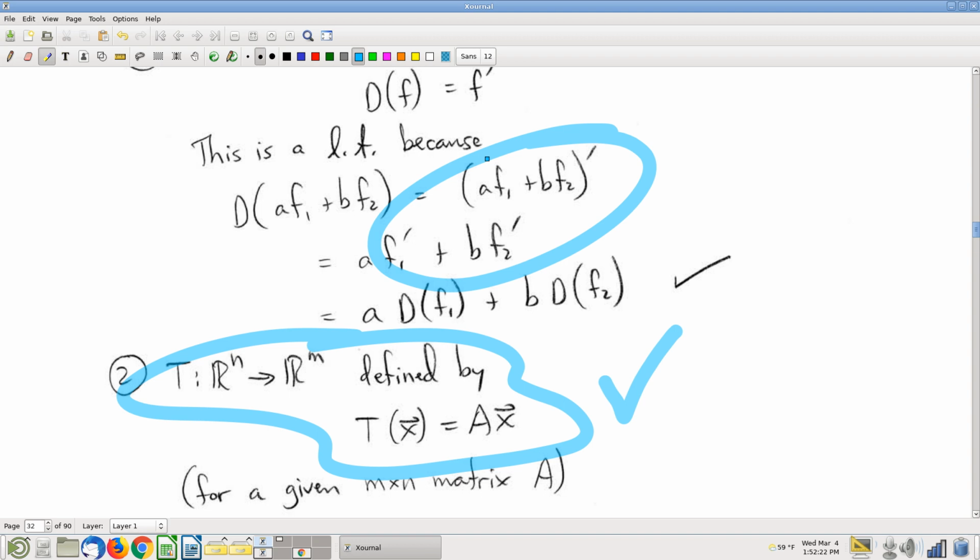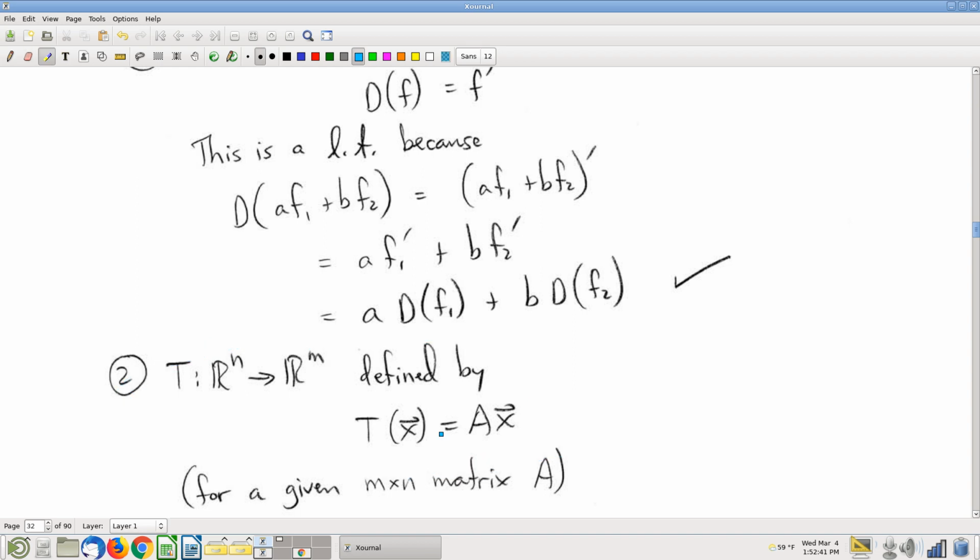Up here, it was old established facts about derivatives. Down here, it's not going to be derivatives, but you're going to be using old established facts about matrix algebra, properties we've already established of matrix algebra. Okay, so that said, strongly analogous, great practice problem. Make sure that you can do that.